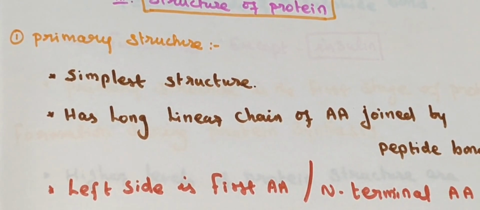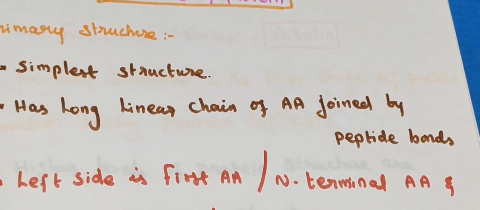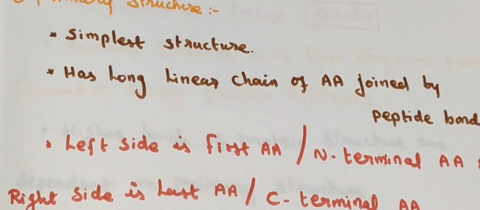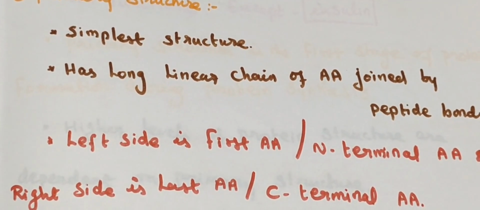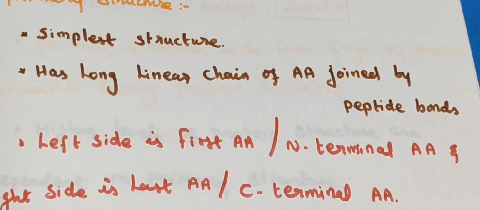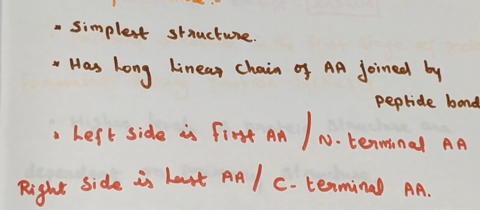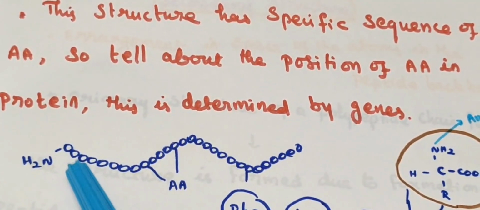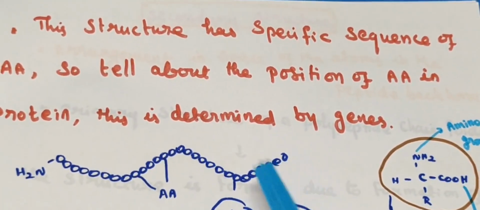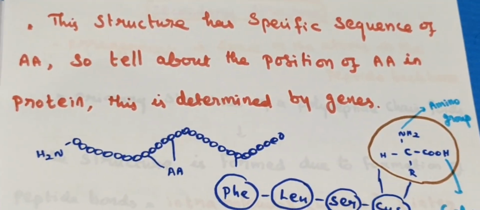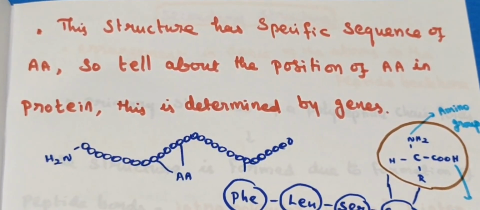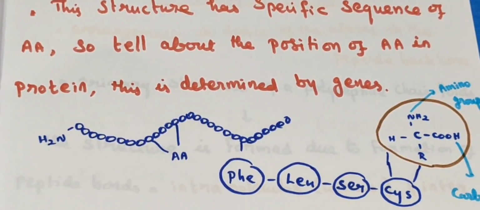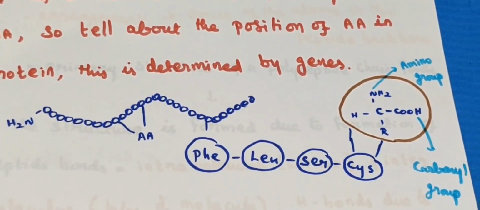It is the simplest structure, a long linear chain of amino acids joined by peptide bonds. In this primary structure, the left side first amino acid is the N terminal, the right side last amino acid is the C terminal. This structure has a specific sequence of amino acids. So the position of an amino acid in a protein is determined by the gene.